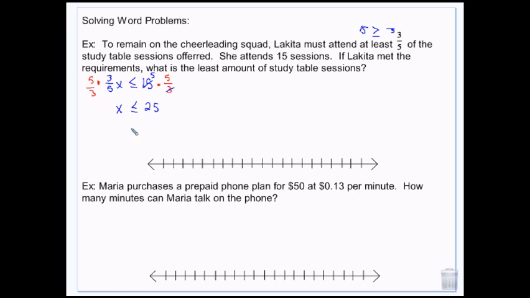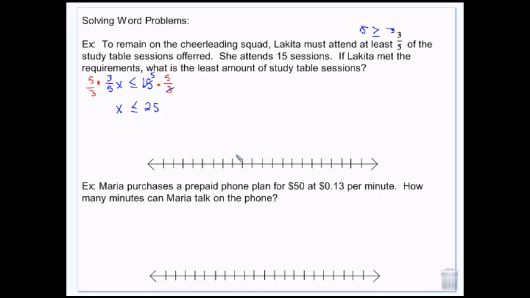So if 15 was at least 3/5 of x, 25 would be the smallest number it could be. Okay. Make sense?